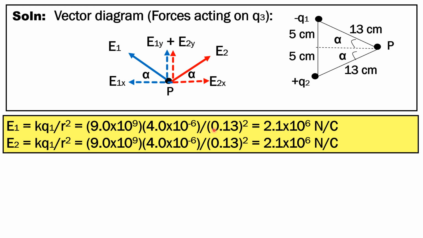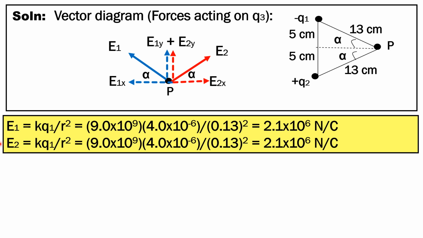And how far is q1 from point P? It says 13 centimeters, and that's 0.13 meters. Square it, and we will get this value for E1, 2.1 times 10 to the 6 newtons per coulomb. The direction is as indicated by the blue arrow in our vector diagram.